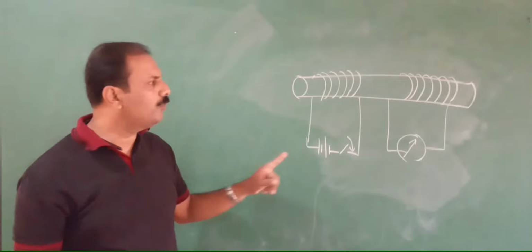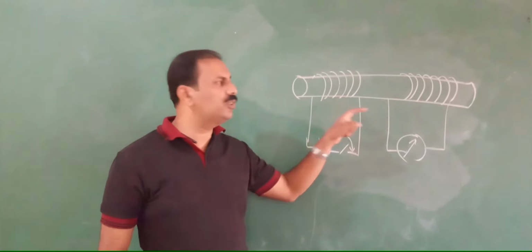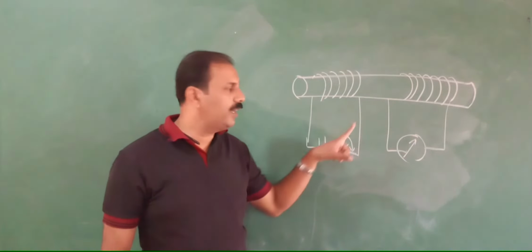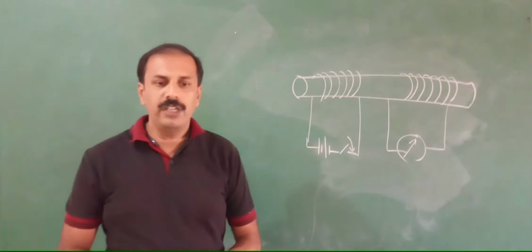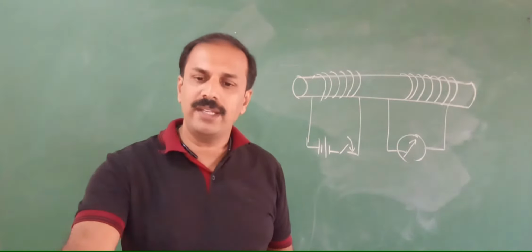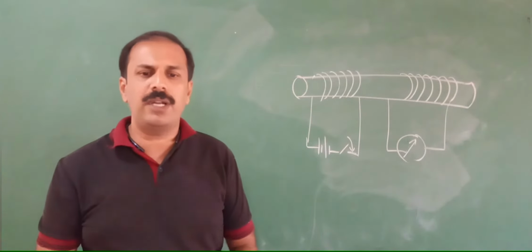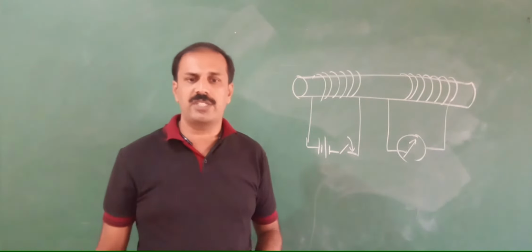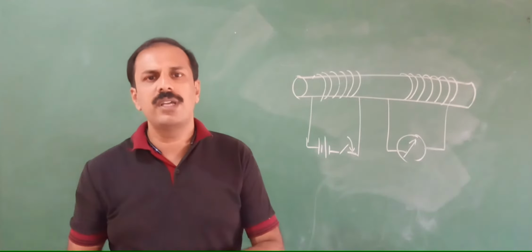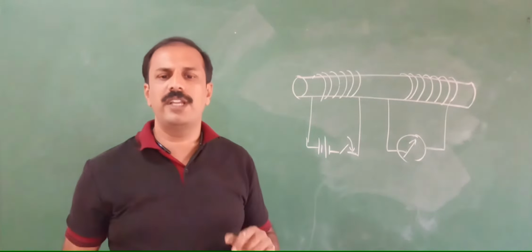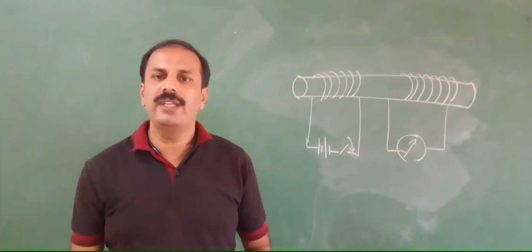Here also you have to remember, when the steady current is passing through this coil, it will not induce there. When the current in this coil is changing, that time it will induce. Technically this is called mutual induction, but you can just take it as electromagnetic induction.